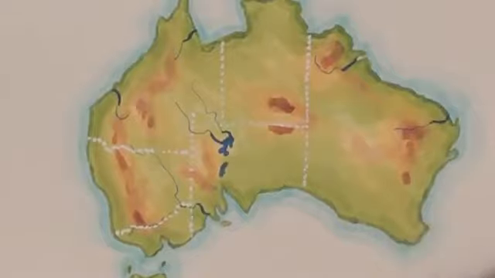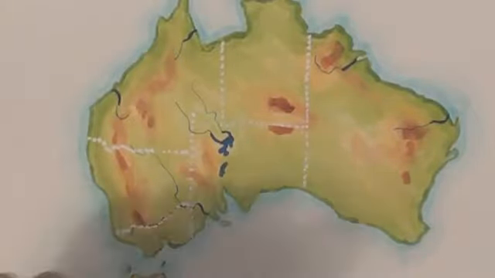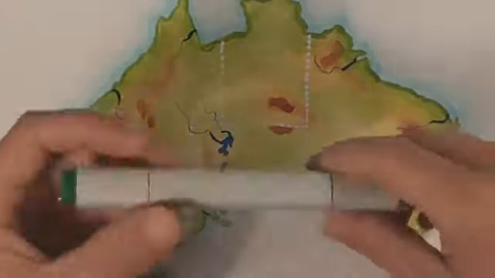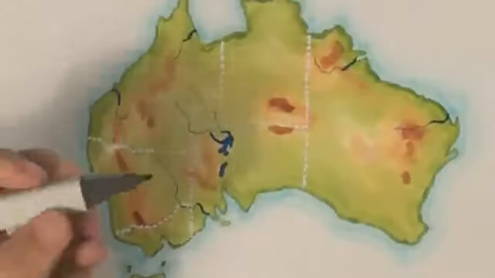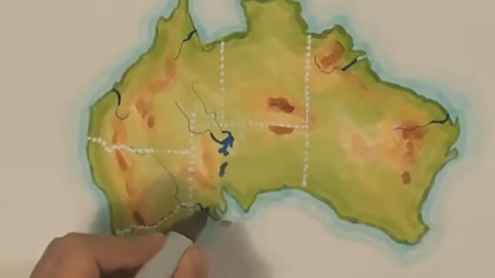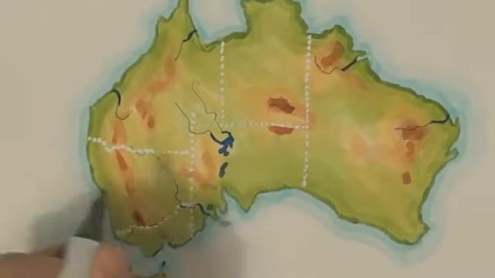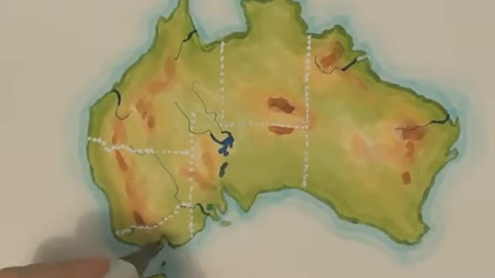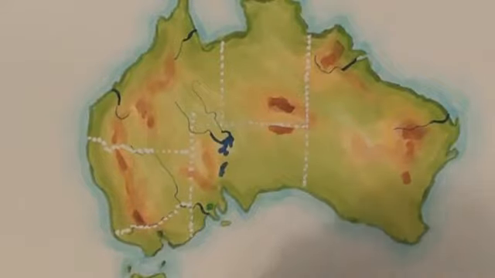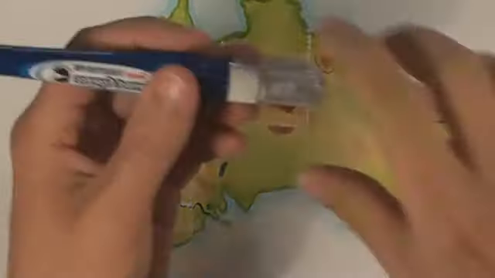Maybe some cities. The cities I like to point out are the state capitals. We have in South Australia, we have Melbourne, Victoria. Okay, guess I have to use this.